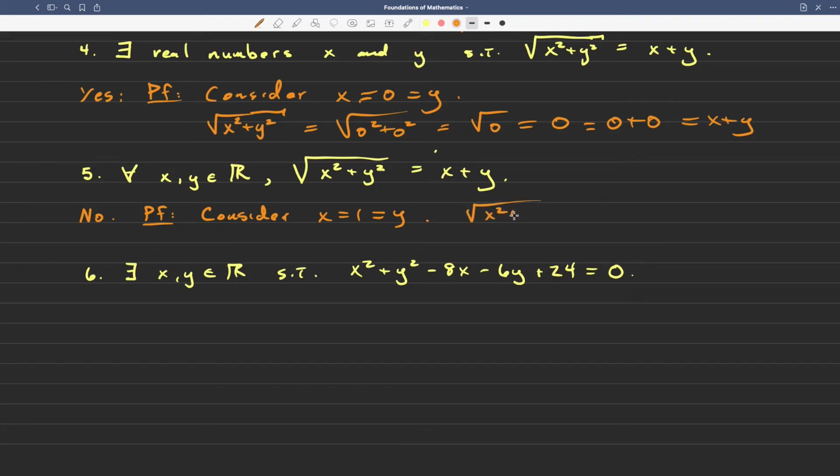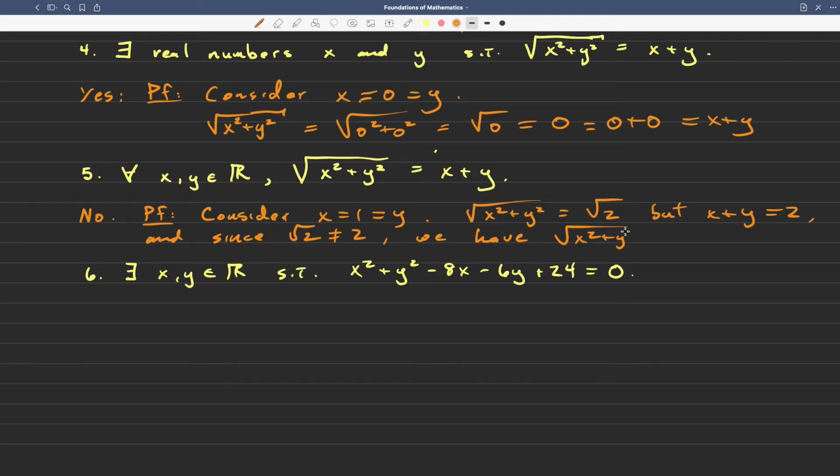Square root of x squared plus y squared would equal the square root of 2 in that case. But x plus y equals 2. And since square root of 2 is not equal to 2, we have square root of x squared plus y squared does not equal x plus y. So we demonstrated a counterexample to the universally quantified statement.